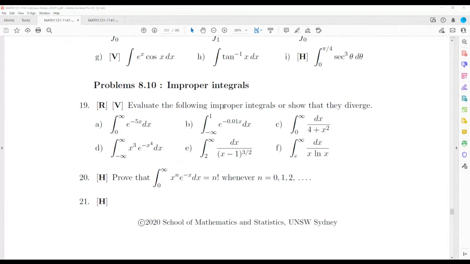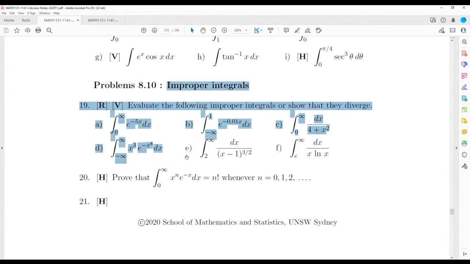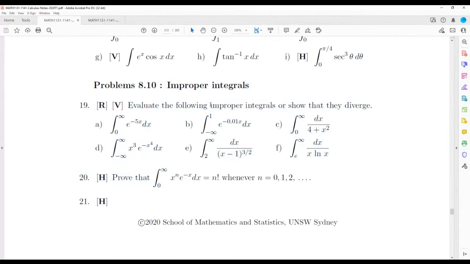All right. So the idea with improper integrals is that we want to see whether they converge or they diverge. And this little infinity sign can be interpreted as a special limit. So let's work through these, and we can just unpack them and discuss them as we go.